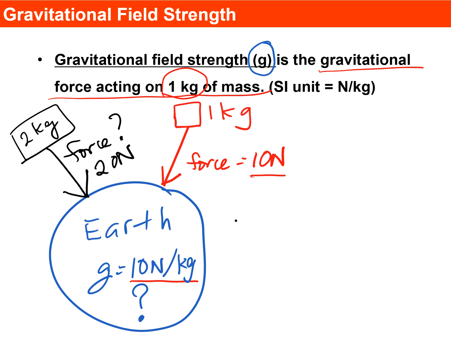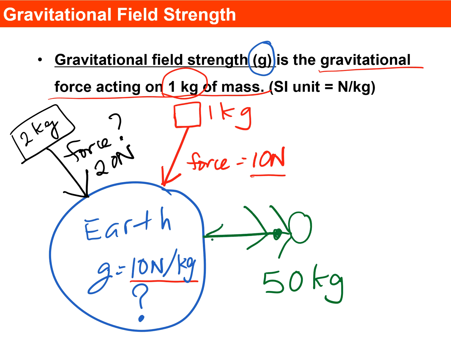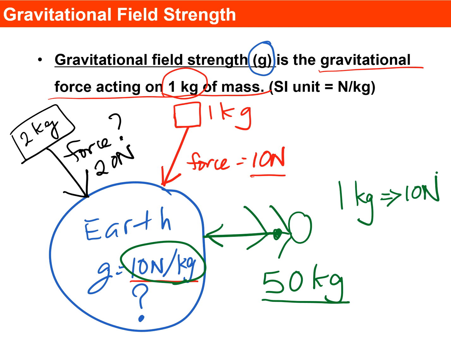Similarly, let's say your mass is 50 kilograms. If you jump up, we know that the Earth is definitely going to pull you down, right? So what is that force that the Earth is pulling you down with? Well, every 1 kilogram, the Earth will exert a force of 10 newtons to pull it down.